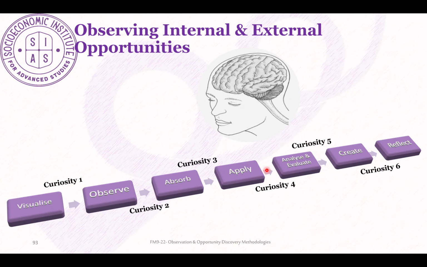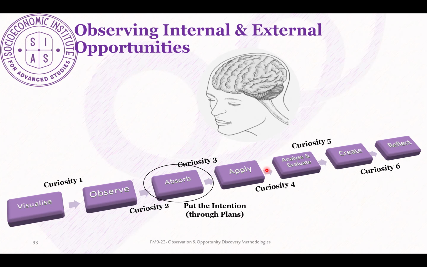And the third curiosity will start after absorbing, how we apply these observations and reality, and then doing analysis and evaluation. And the sixth thing is about creating and reflecting. So all these community-based observations, internal and external ones, can help us to bring better opportunities.